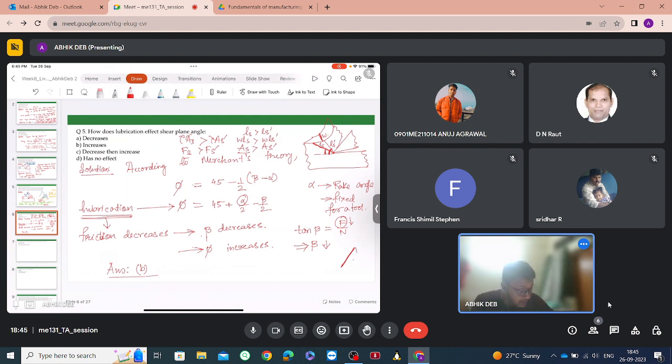If a pin-like structure is in contact with the workpiece, it won't generate a chip with the area that we are considering, right? The entire cutting edge has to be in contact with the workpiece. It is called a single point cutting tool because it has only one such cutting edge. It is not necessarily a point.